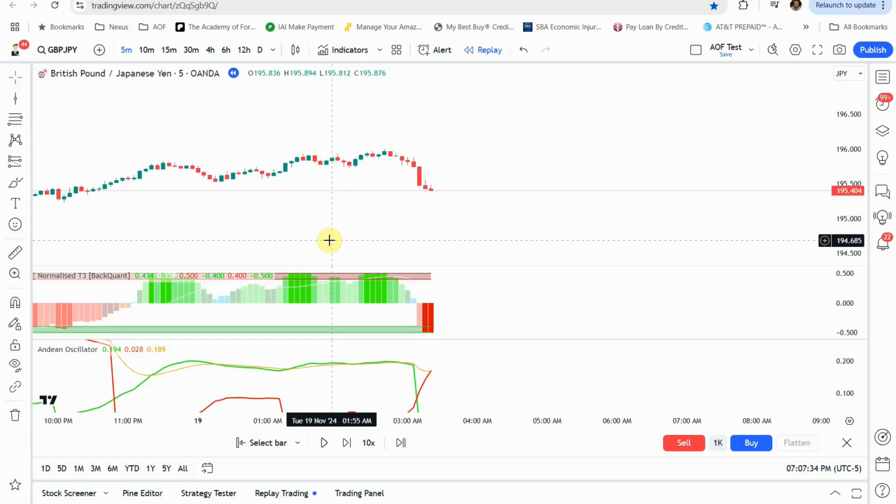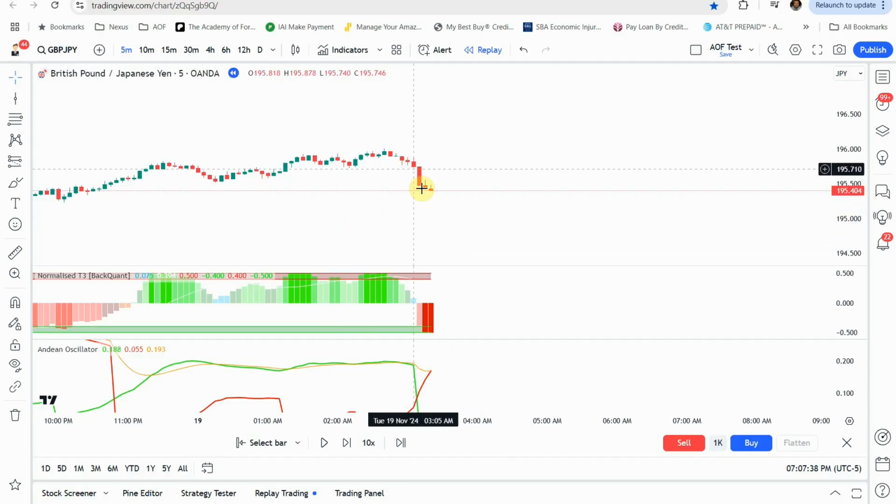When someone says perfect entry and exit signals, I expect there to be literal tags giving me entries and exits, not interpreting what an indicator is saying to then derive those entries and exits. It's just a little bit of a pet peeve of mine, but nonetheless, we'll put this to the test and see what we can get out of it.